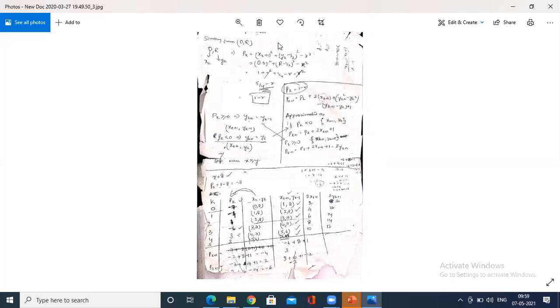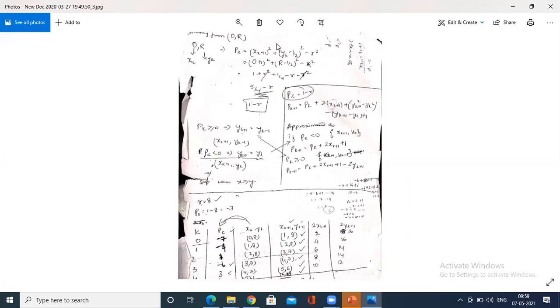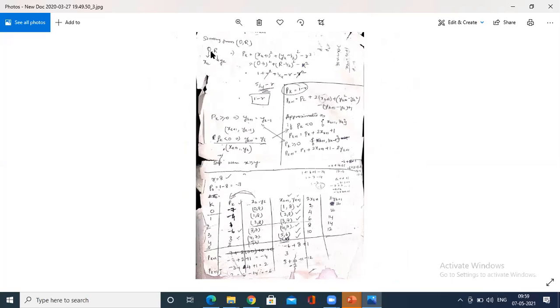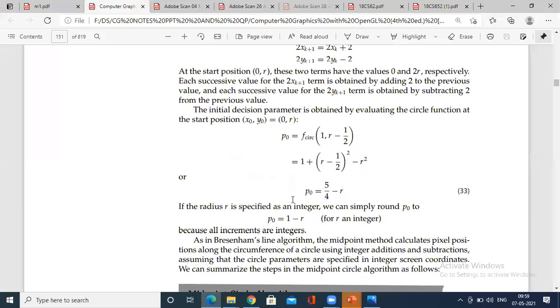See here, all of you, 0 comma r. Initially when we start at this point, x will be 0, r will be the y intercept. So applying into the same formula, 0 square plus yk minus half minus r square gives 5 by 4 minus r. So finally coming to the algorithm.